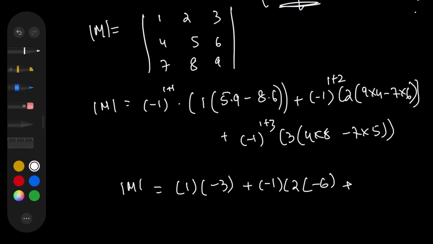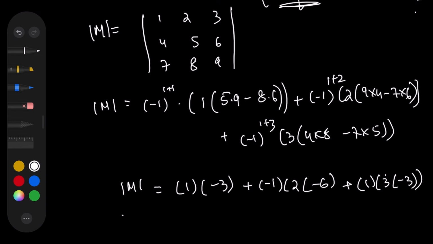Plus minus 1 raised to the power 4 is positive, so it will become 1 into 3 into 8 times 4 is 32 minus 7 times 5 is 35, so this will be negative 3, right?